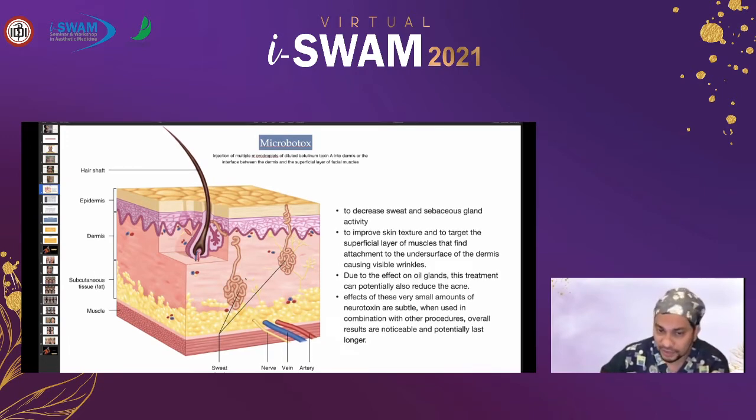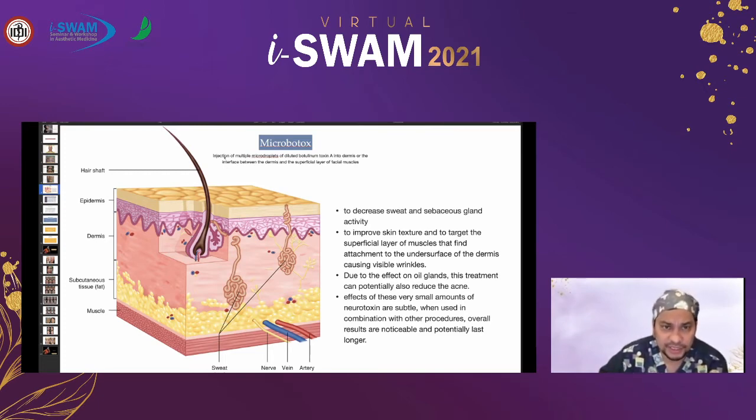But the most important thing is that in these structures we can find a lot of sweat glands, small arteries, and some other smooth muscles. All of those structures can be adjusted by using microbotox or mesobotox.